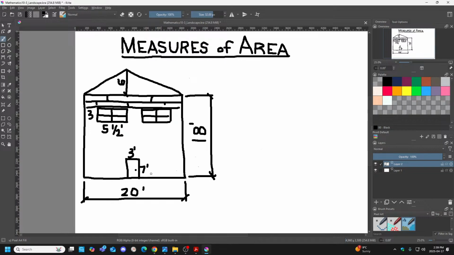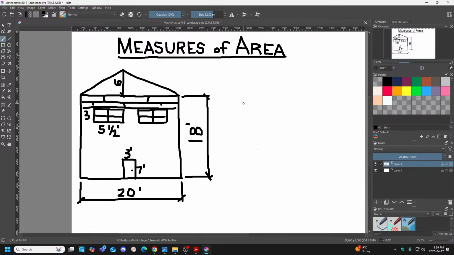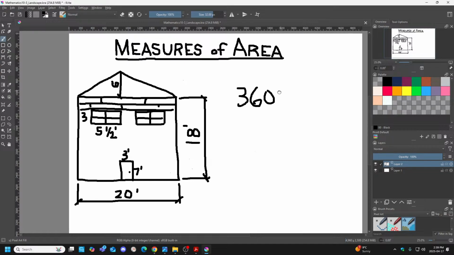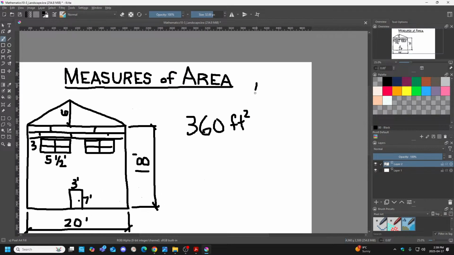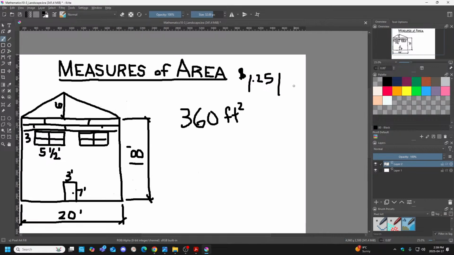Because they could literally just go 20 feet by 18 feet and go 20 feet times 18. That would give you an area of 360. This is feet, so feet squared. Let's say he charges, I don't know, $1.25 a foot. I'm just guessing, okay? Per foot.